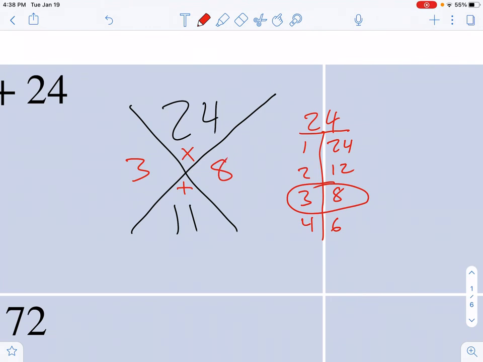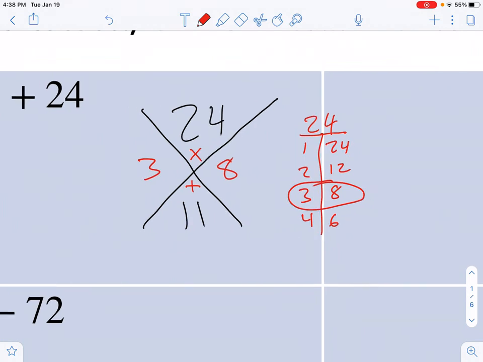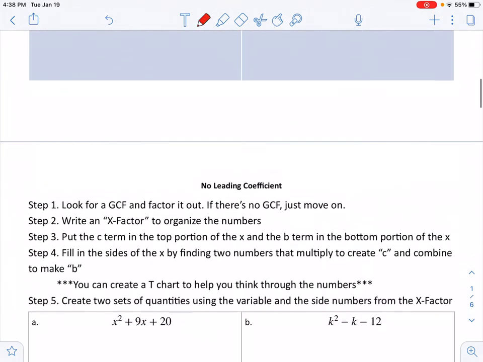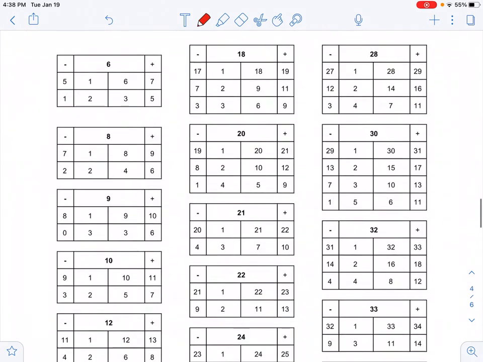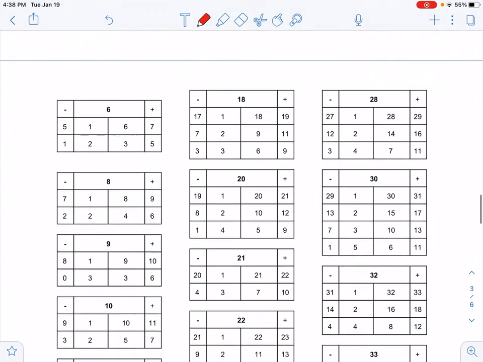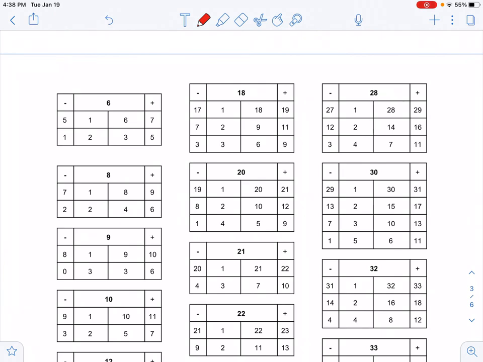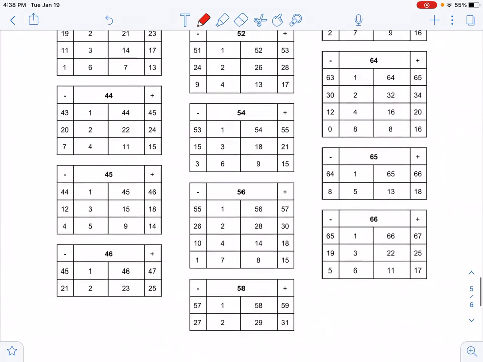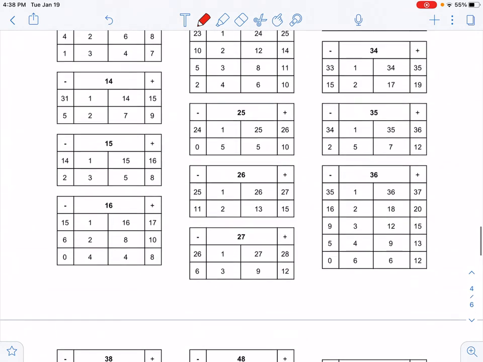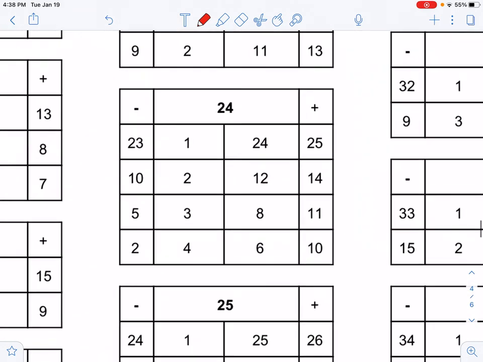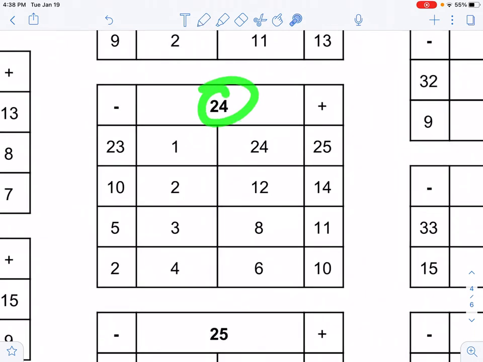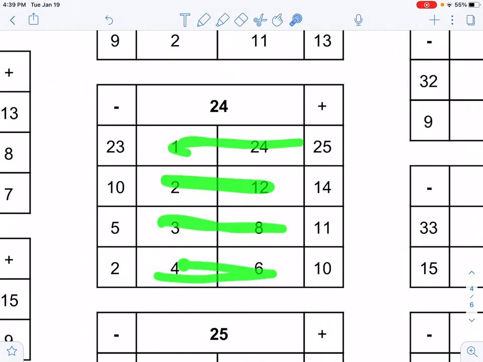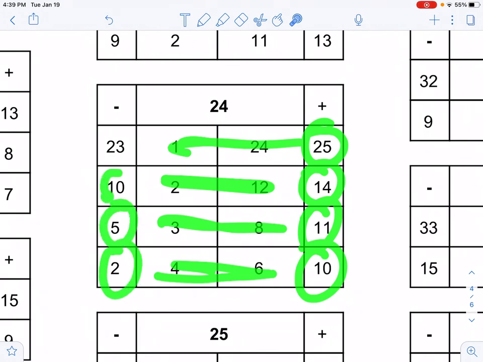To give you even more of an opportunity, I'm going to jump down here, and I have created, and you're going to have to ask for this if you'd like it, but last year this was such a struggle for my students that I created this beautiful table that goes all the way up to 90. And so if you were to find 24 on this table, which here it is, 24, essentially I've listed out what are the factors, and what they make when you add them and what they make when you subtract them.